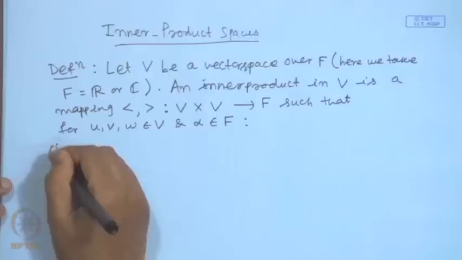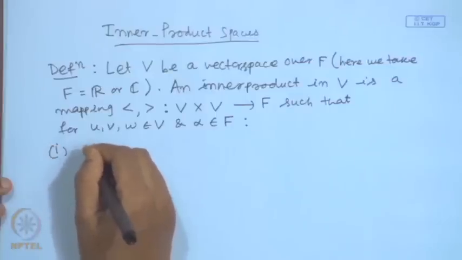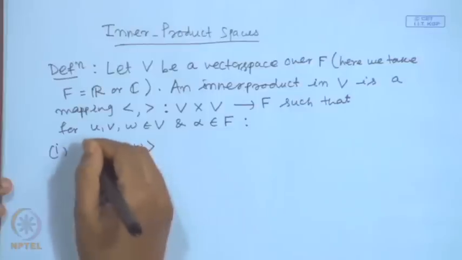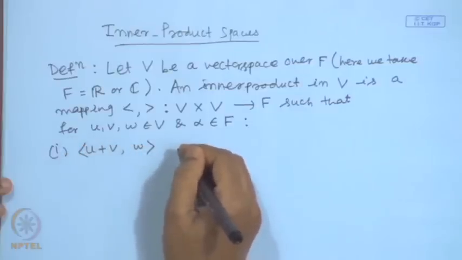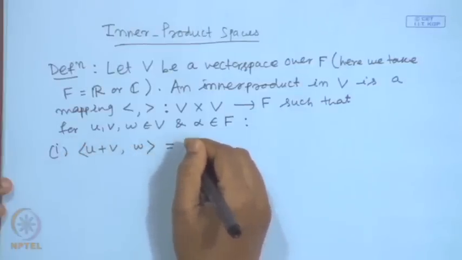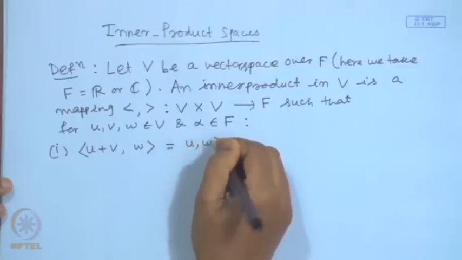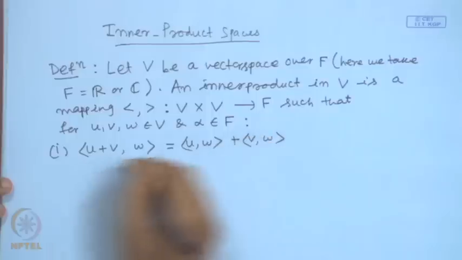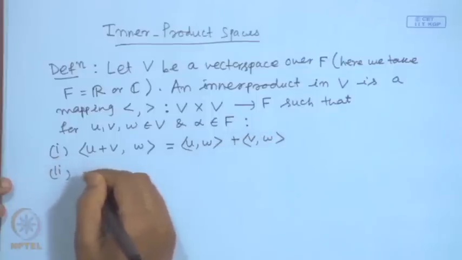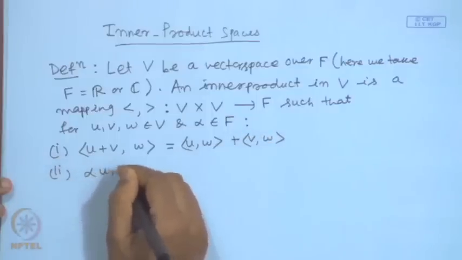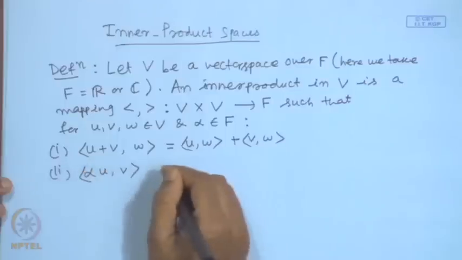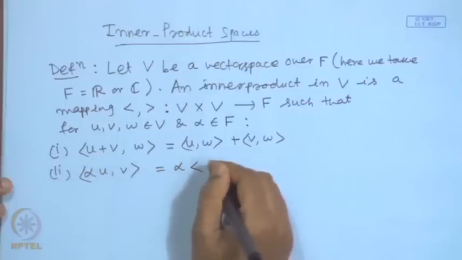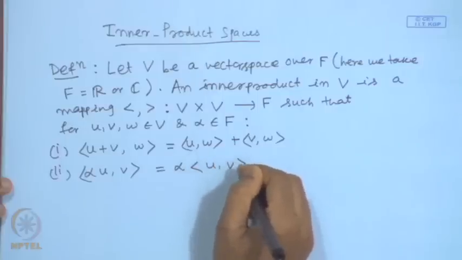the first condition is that the inner product of u plus v comma w is equal to the inner product of u, w plus the inner product of v, w. Second axiom is that the inner product of alpha u, v is equal to alpha times the inner product of u, v.